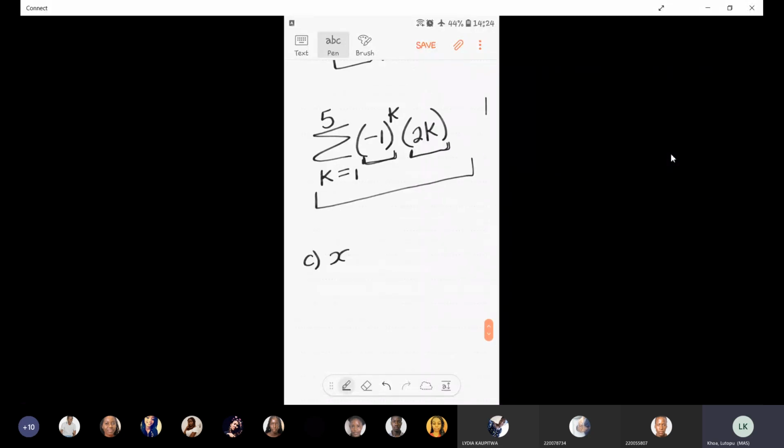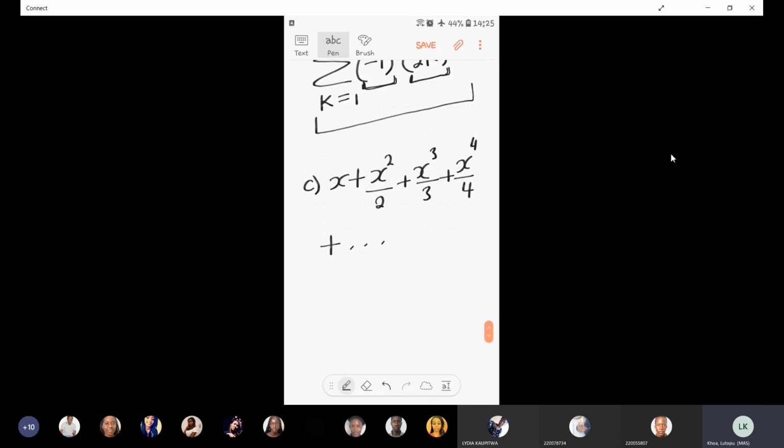Say we have x plus x squared over 2 plus x to the power of 3 over 3 plus x to the power of 4 over 4, and then this one just has dots like that. How would we write this in sigma notation?